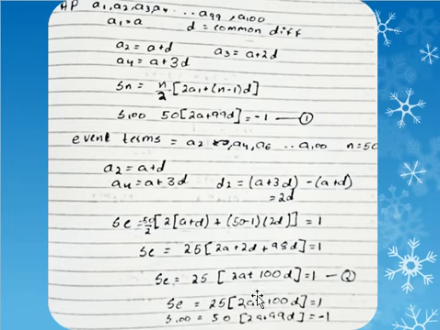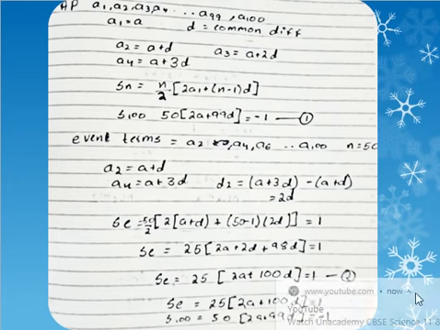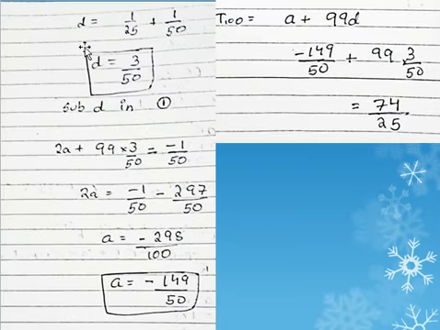Now if I subtract these two, what I'm going to get is 2a plus 100d minus 2a plus 99d. 2a will get cancelled out, and 100d minus 99d is 1d. So d equals 1 by 25, and minus into minus is plus, so d equals 1 by 25 plus 1 by 50. From there I get the value of d as 3 by 50.